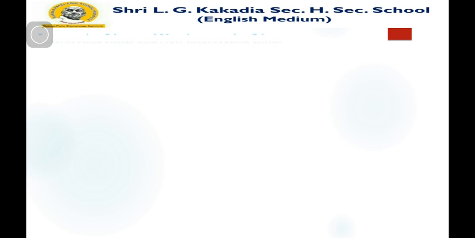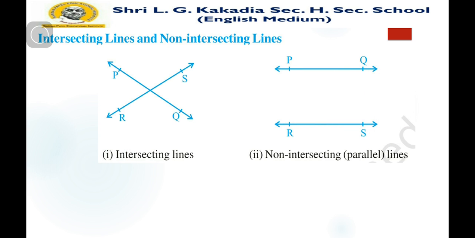Now, one more thing: intersecting lines and non-intersecting lines. If two given lines do not intersect even after extending them to infinity, we say that they are non-intersecting lines. In the figure given, the two lines PQ and RS intersect at a point, so these two lines are known as intersecting lines.